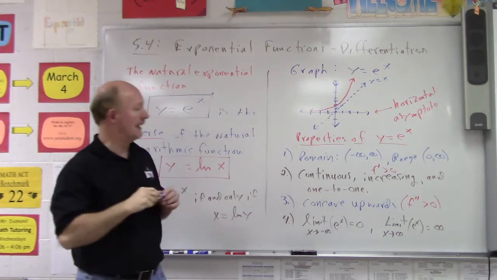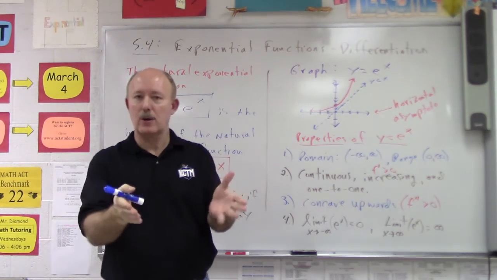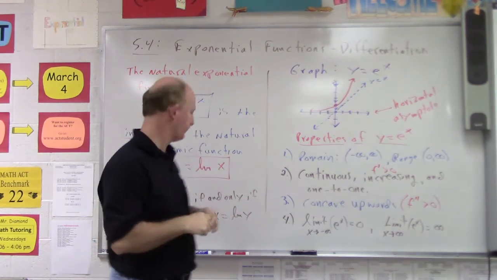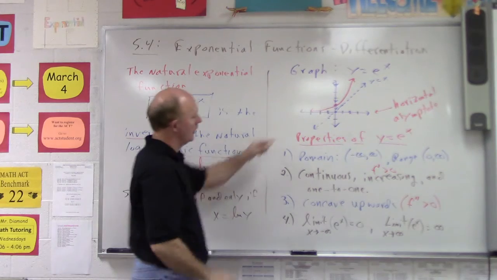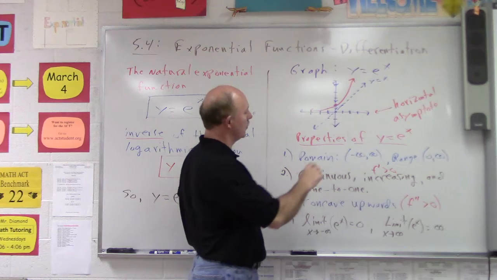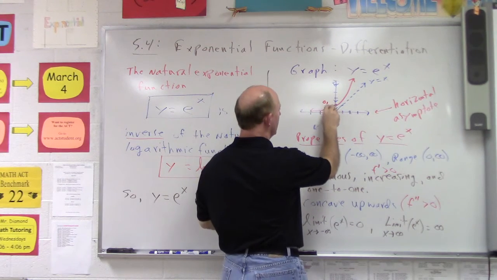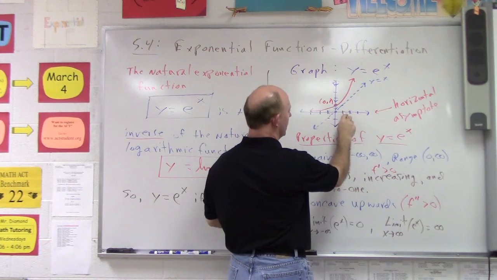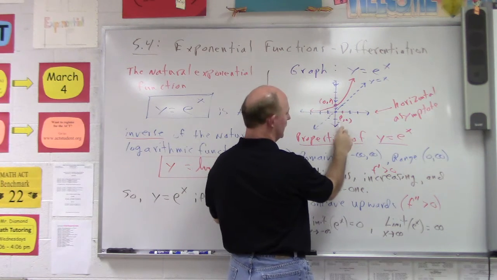If the point (0, 1) is on the graph of y equals e to the x, then there should be a point at (1, 0) on its inverse.